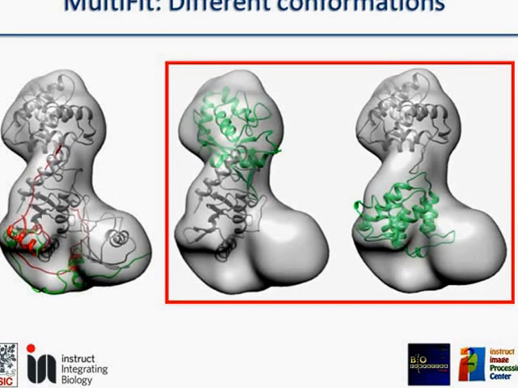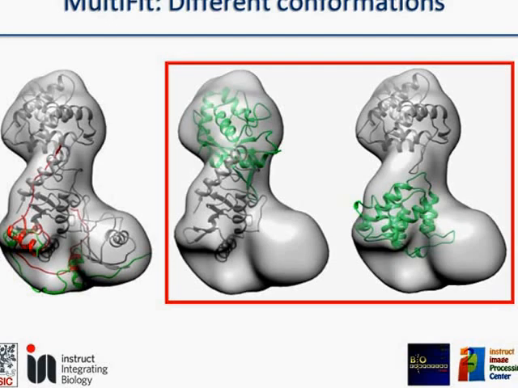And here, for example, we can see a very different conformation. So this is the correct one, or the best solution, and in this other solution, MultiFit has put this subunit in this part over here. So MultiFit doesn't know the location of each subunit.